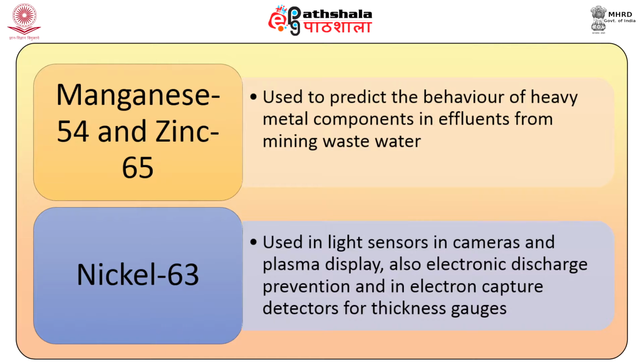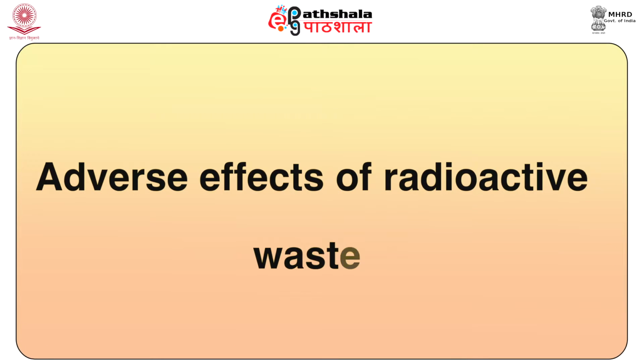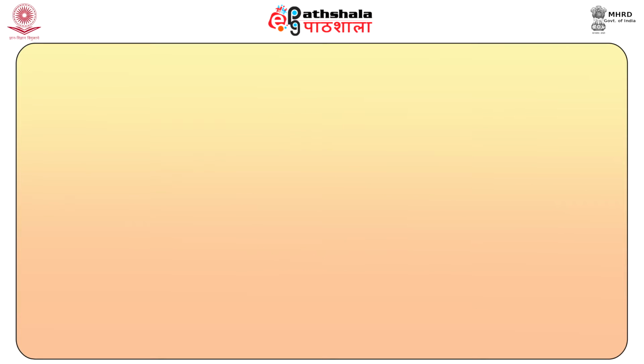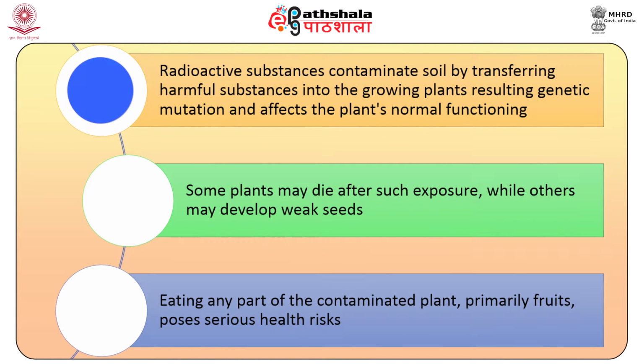Nickel-63, used in light sensors in cameras and plasma display, also electronic discharge prevention and in electron capture detectors for thickness gauges. Adverse effects of radioactive waste on the environment.